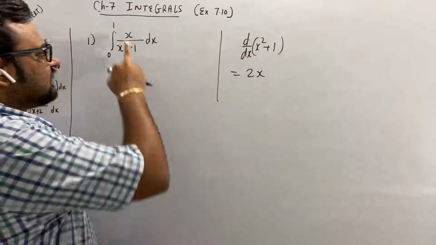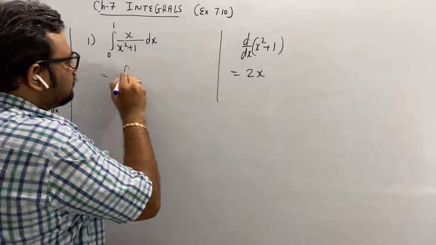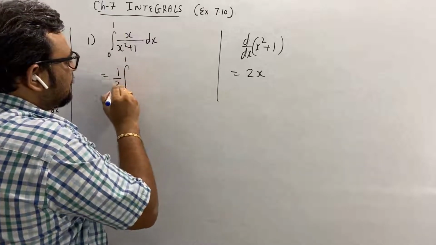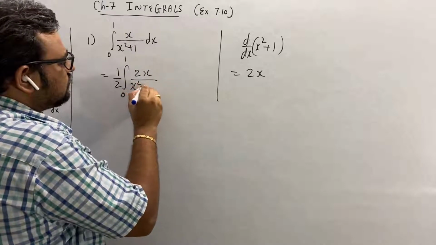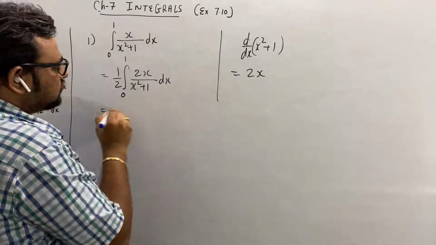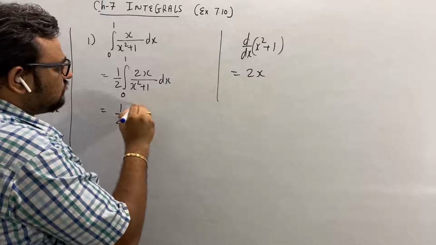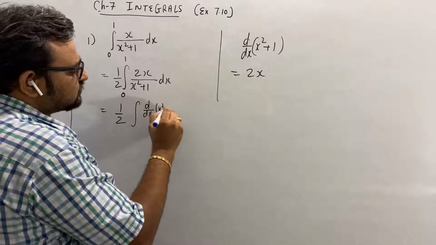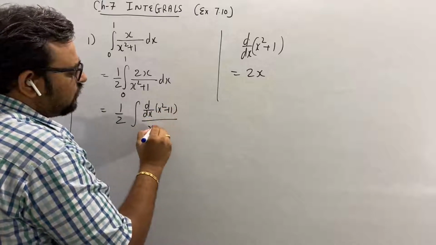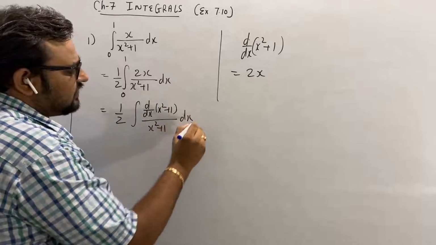So I require here 2x, so what I will do is divide by 2 and multiply by 2. So this will be equal to d by dx of x square plus 1 upon x square plus 1 dx.